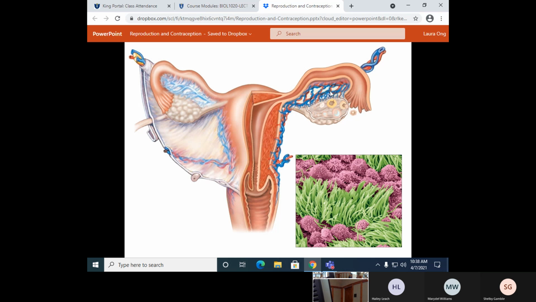I'm going to take a picture, and then there's some other structures on this picture that we will need to learn more about. So the egg is out.